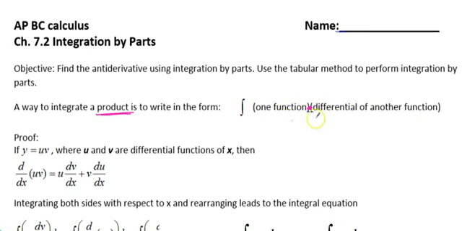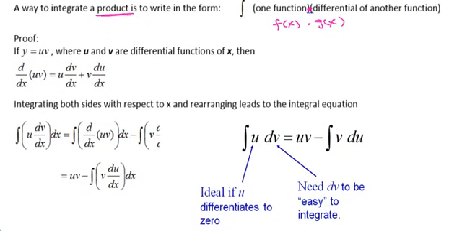You have two functions that do not match each other. In other words, u-substitution does not work. With integration by parts, you have two different functions, f of x and g of x, and no u-substitution method works. There is a very short proof here of why it works.